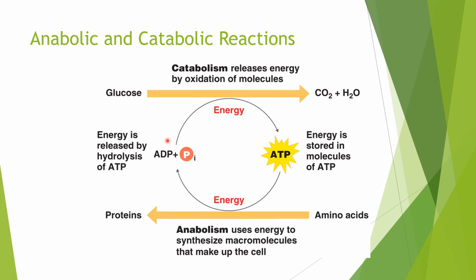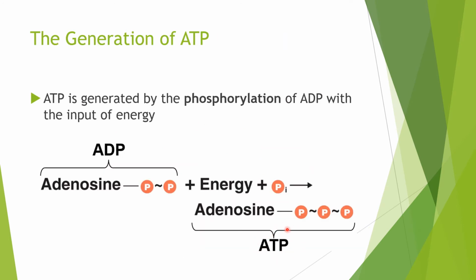And that inorganic phosphate could actually bind one more time to the adenosine diphosphate and basically turn back into ATP. So the production of ATP and the breaking down of ATP is reversible, and the cycle could keep going. So right here, ATP, which stands for adenosine tri, which means three phosphates. So you have three phosphate molecules bound to each other. That's ATP. That's the energy that we release.